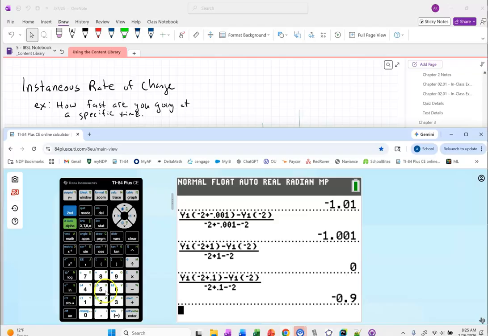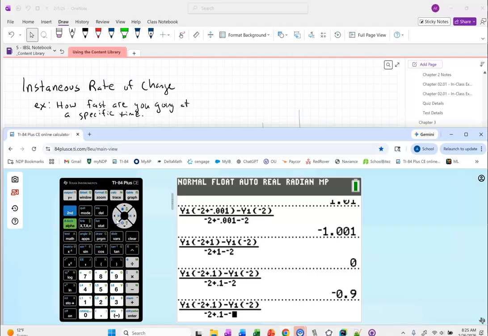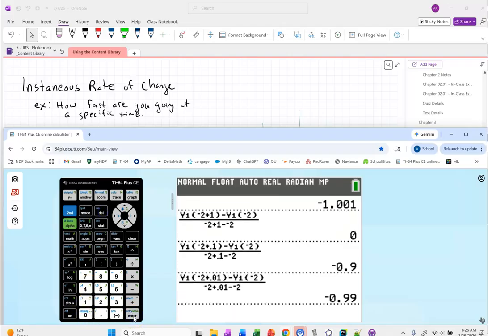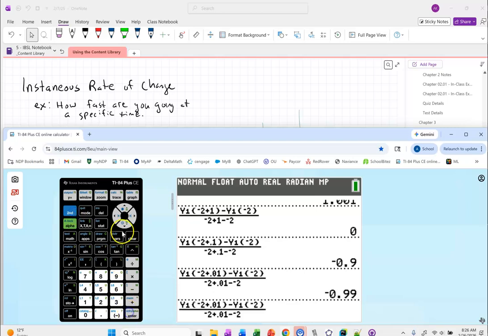So now it's -0.9. We'll change it to 0.01. -0.99. And we'll change it to 0.001. I think that was the last thing in my table.